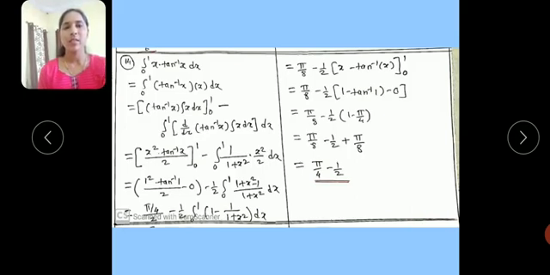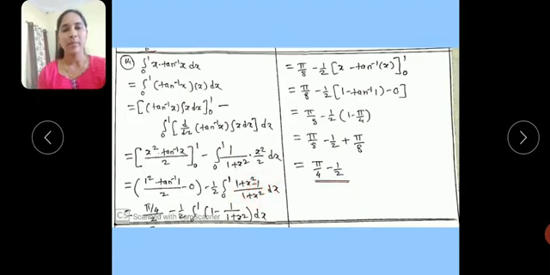Here first taking x replaced by 1: 1 square into tan inverse 1 divided by 2, minus 0, minus 1 by 2 integration from 0 to 1 of x square divided by 1 plus x square dx.